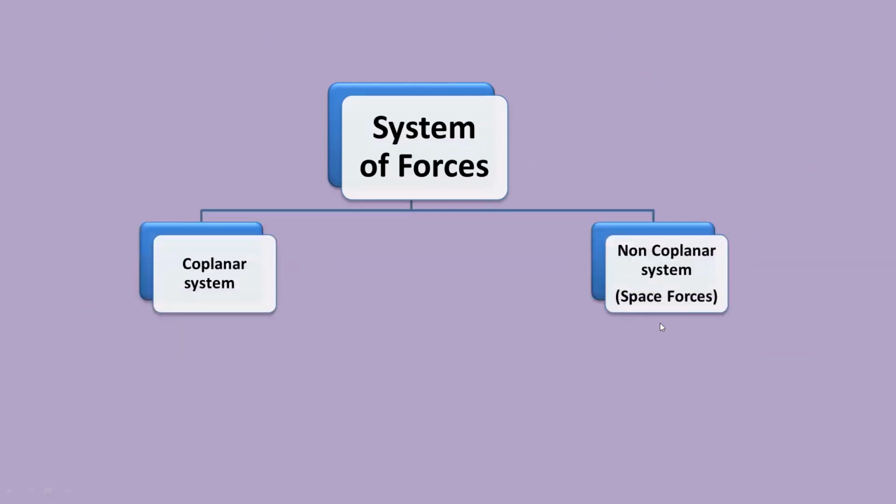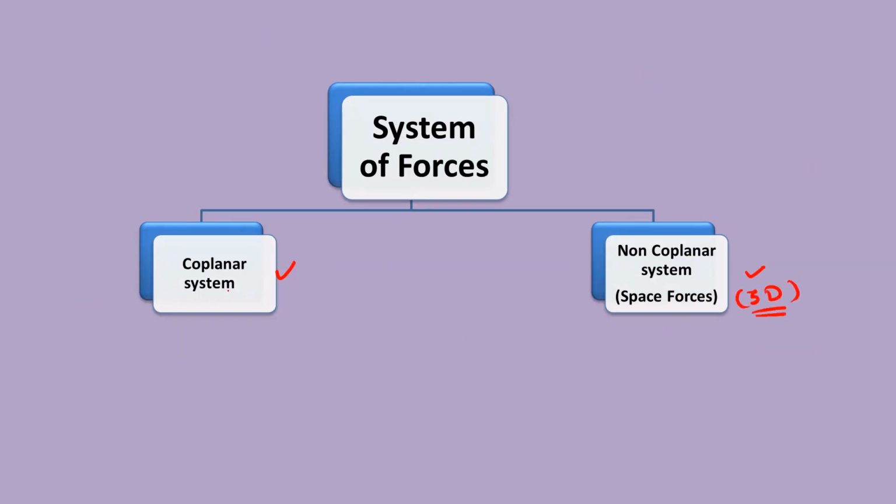Now the system of forces is classified into two major categories. One is the coplanar forces or coplanar system, and second is the non-coplanar, which is called the space forces. The meaning of space forces is that it is in 3 dimensions.